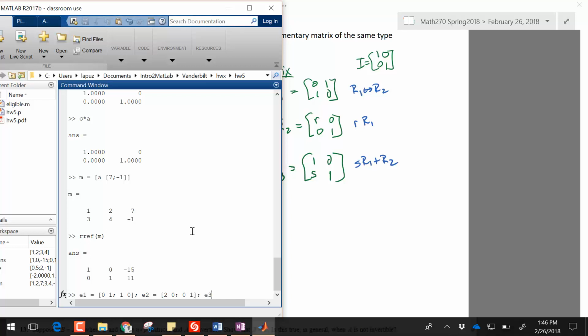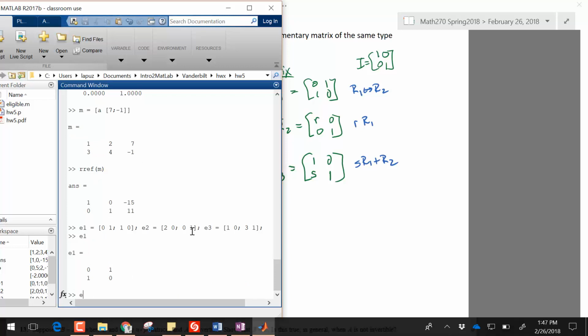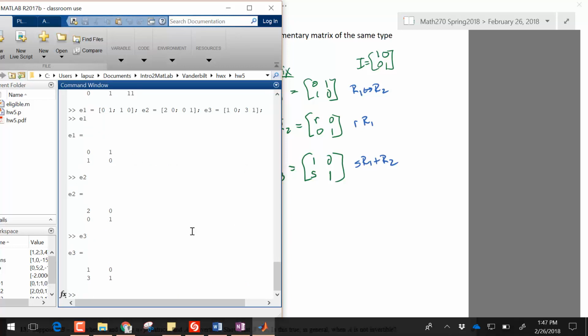And then E3 is equal to, let's pick a number for S, 1, 0, 3, 1. So those are the matrices that we're dealing with, right? Let's take a look at a non-square matrix. I think we have M as a non-square matrix, right?